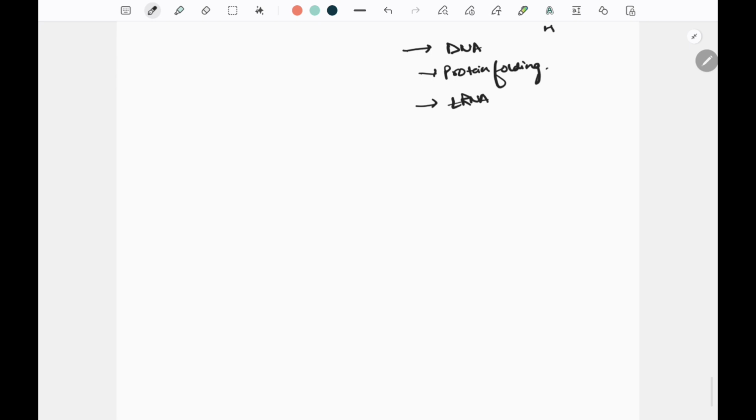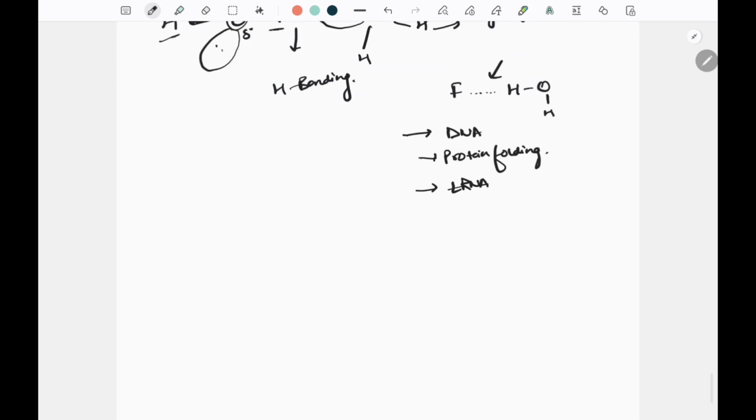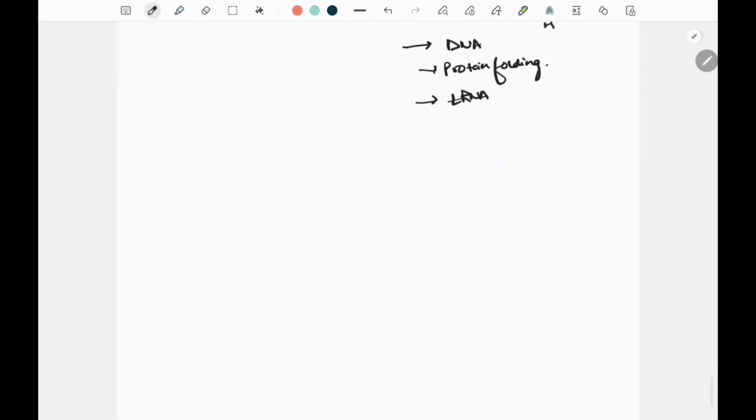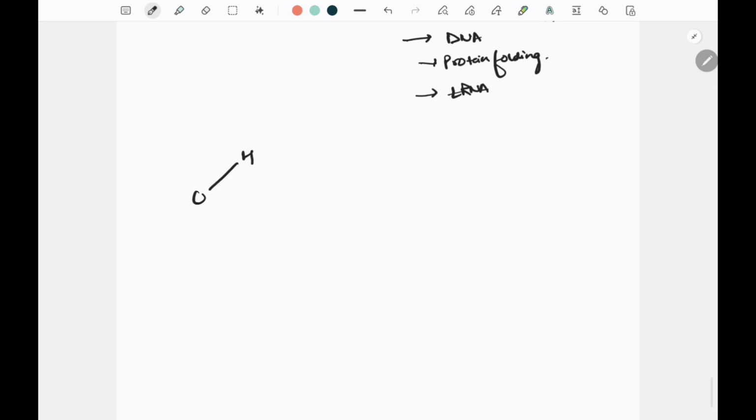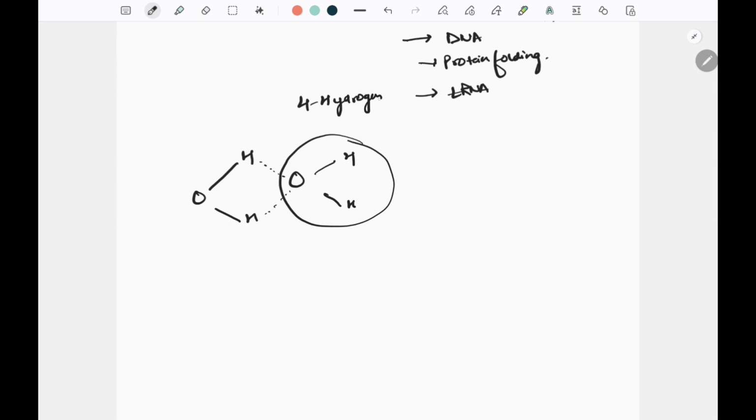So now let's understand. As you can see from here, I'll make the diagram again. There's H, O, H, right? So there's O, H and H, right? So there are two water molecules. Now this one water molecule can form a bond with this hydrogen atom as well as this particular hydrogen atom, due to which one water molecule can form 4 hydrogen bonds.